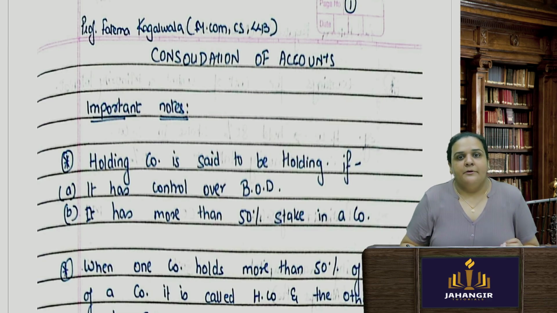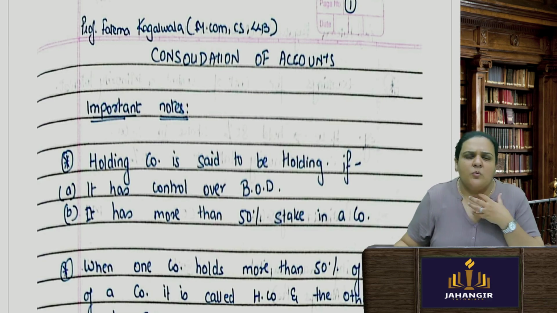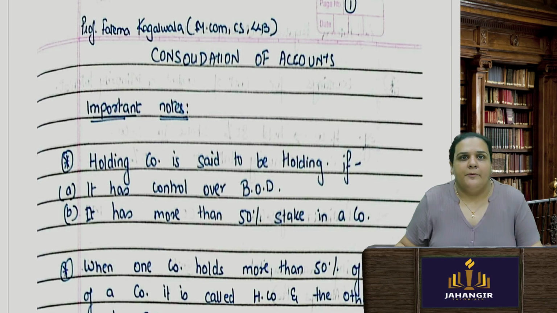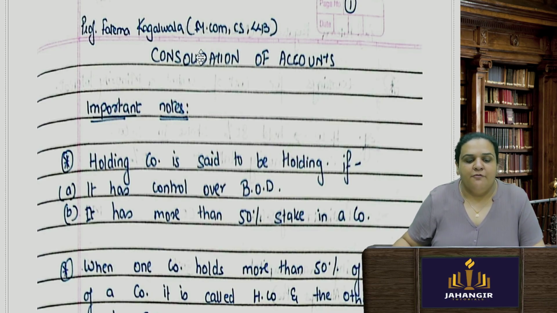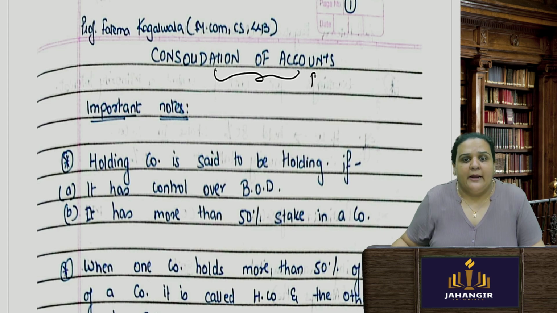Now this chapter has always been very important in the corporate accounting paper, because it involves a lot of practical and other theoretical aspects also as per Companies Act 2013. So this chapter is important for both practical and theory.